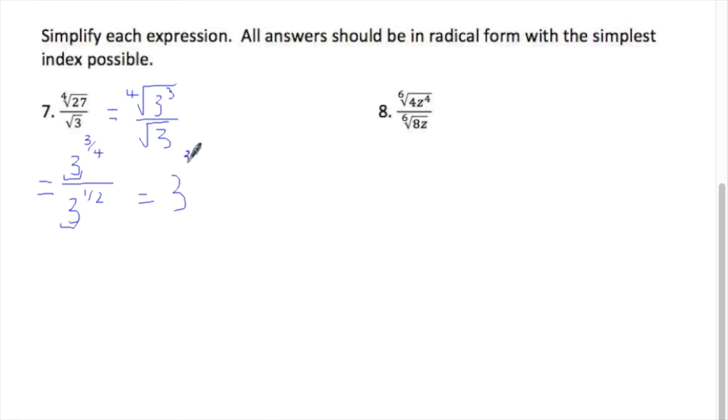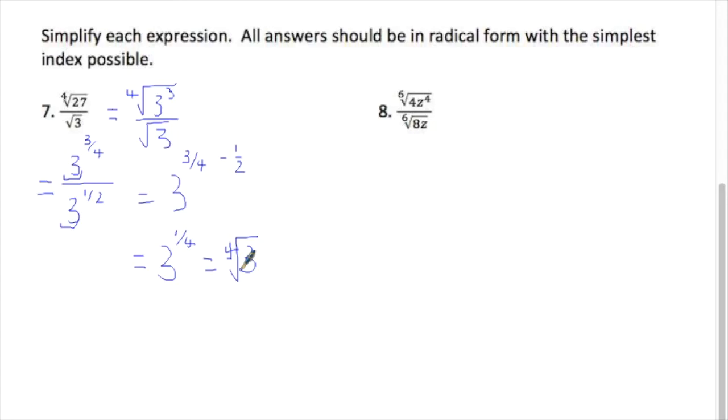So 3 to the 3/4 minus 1/2. That's 3/4 minus 1/2, which is 1/4. So this is equal to 3 to the 1/4, or the 4th root of 3.